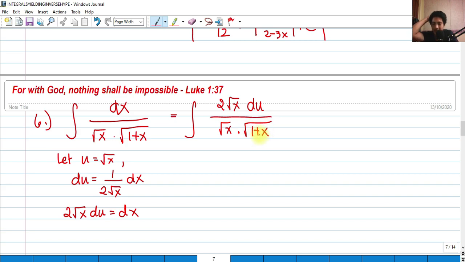So what we did is simply substitute first the du. Of course, let us not forget to substitute this one again. So from this formula, we know that u squared is equal to x. If we square both sides, we can also say that it is the integral of 2 square root of x du all over square root of x.